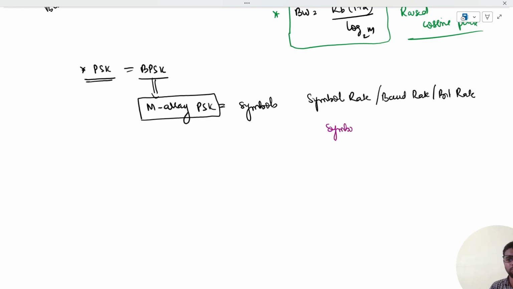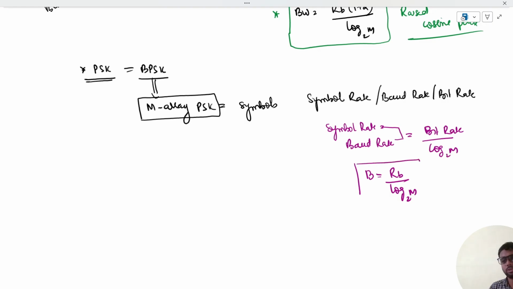Symbol rate is also known as the baud rate, and this is equal to the bit rate upon log base 2m. So if B is the baud rate, B can be given as RB by log base 2m. This is not bandwidth, it is the baud rate, and RB is the bit rate. M is nothing but the number of symbols. So you understand this relation. When we say the symbol rate or the baud rate, it means the bit rate by log base 2m.